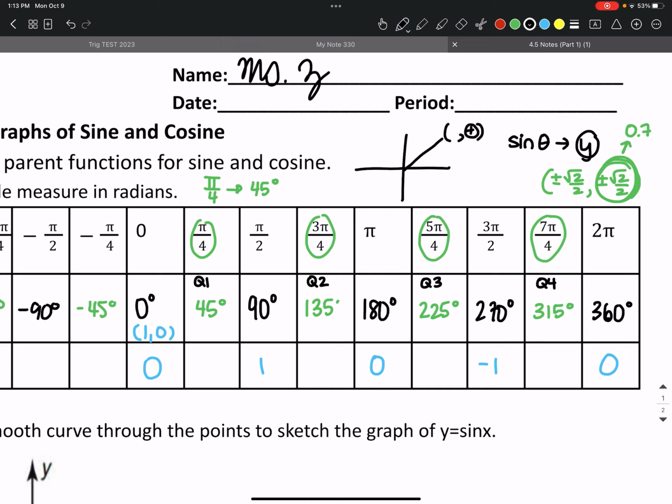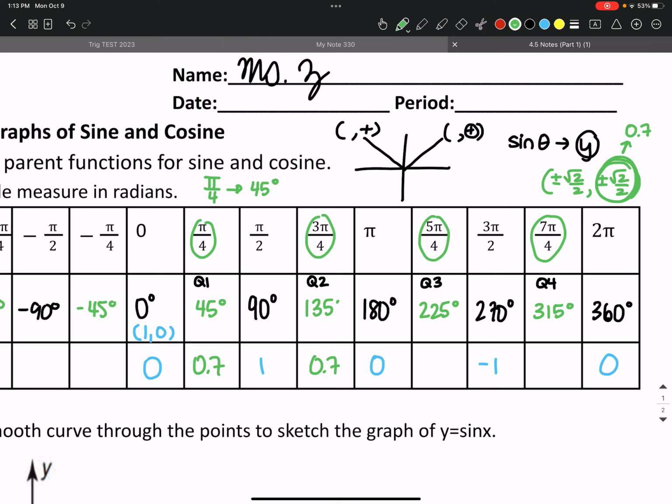Like that. I know my y value is positive, so it's going to be positive 0.7, or positive square root of 2 over 2. My y value in the second quadrant is also positive, so I know that I'm going to have another positive 0.7 as the output.